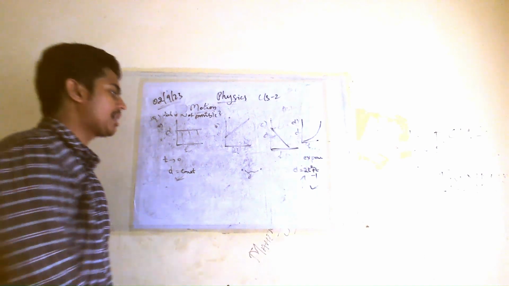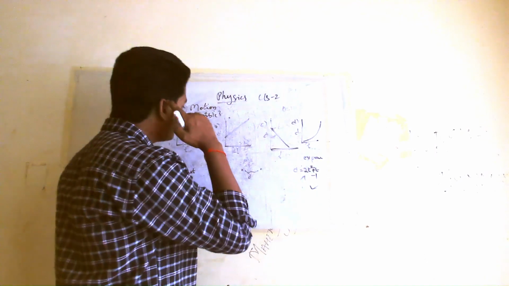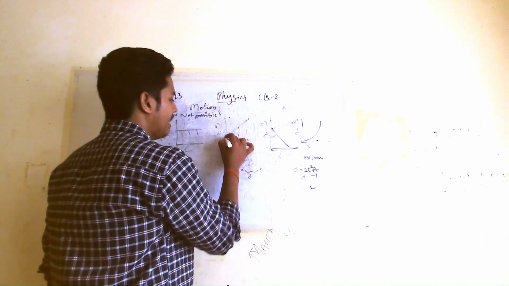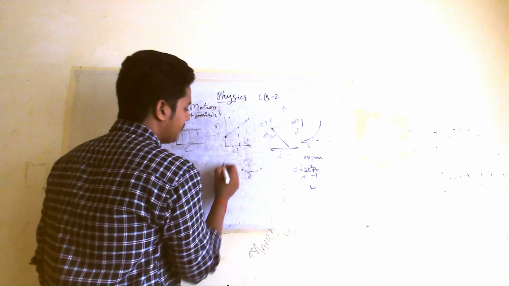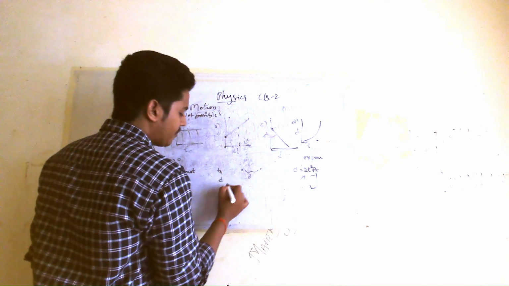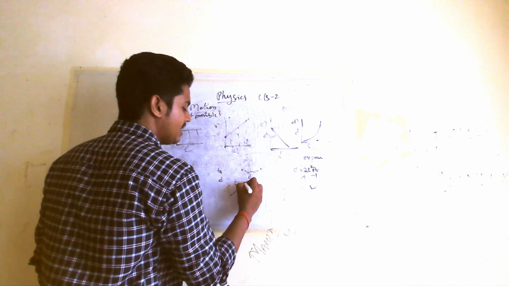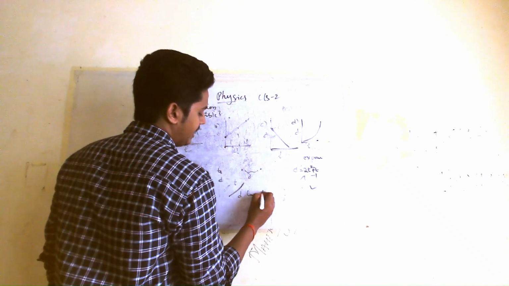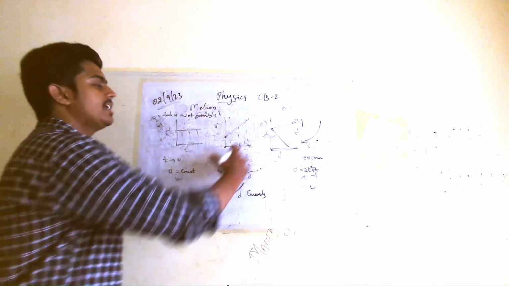Okay. Coming to option B. If we divide in some intervals, at the initial time 0, it is a particular distance d. After some time t, the distance is increasing linearly. Here it is constant, but here it is increasing linearly.